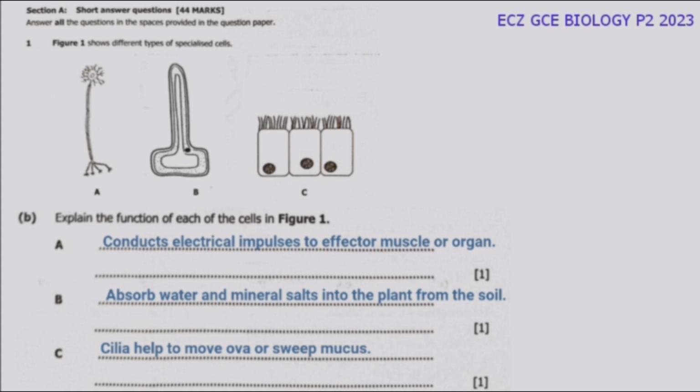So the cilia cells will help the ova to move from the ovary up to the uterus so that it can get implanted if it is fertilized, or to be removed through the vagina outside. If there is mucus in the nose, the ciliated cells will help to remove that mucus from the nose. So basically those are the functions of those cells.